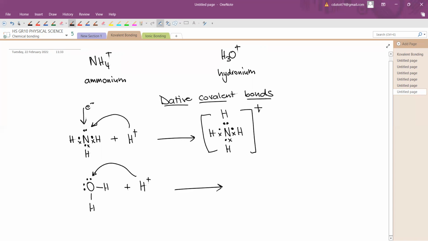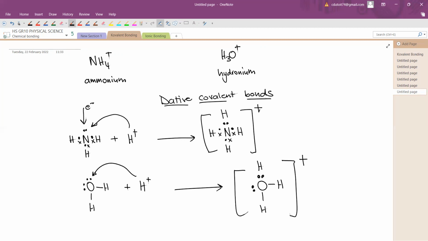And this is also dative covalent. And that hydrogen goes and sticks there and makes the whole molecule +1. So we have H3O plus, and we have NH4 plus. And those are two dative covalent bonds.